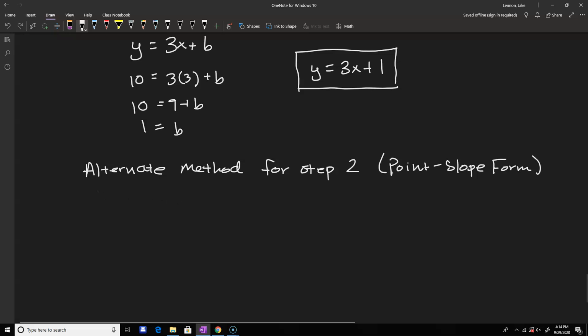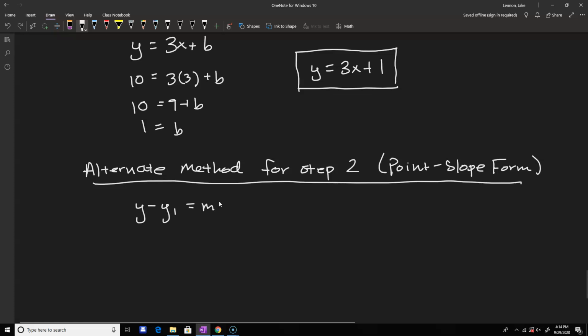Again, it's not really necessary for you to use, but you still have to do step 1 the same way, but now you have this formula, y minus y1 equals m times x minus x1, where m is the slope and (x1, y1) is a point on the line.